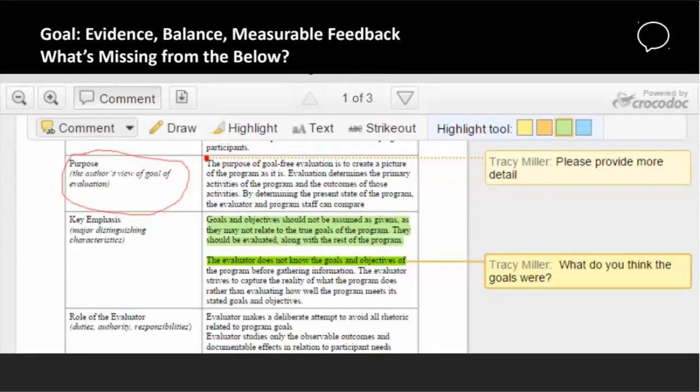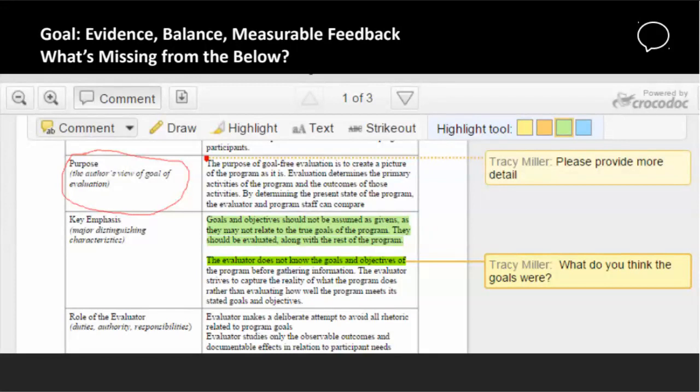So for the evidence, if you look at the purpose, the goal-free evaluation is to create a picture of the program as it is. The evaluation determines the primary activities of the program and outcomes. And so needs more details doesn't say what the outcomes are.